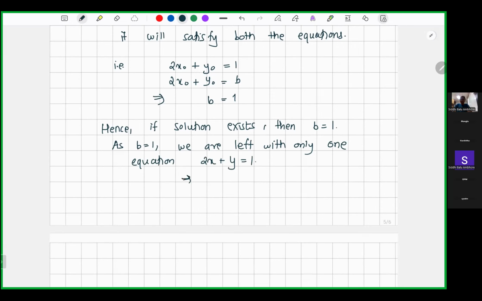In that case, it has infinitely many solutions, right? You just vary the value of x and you will get infinitely many y here.